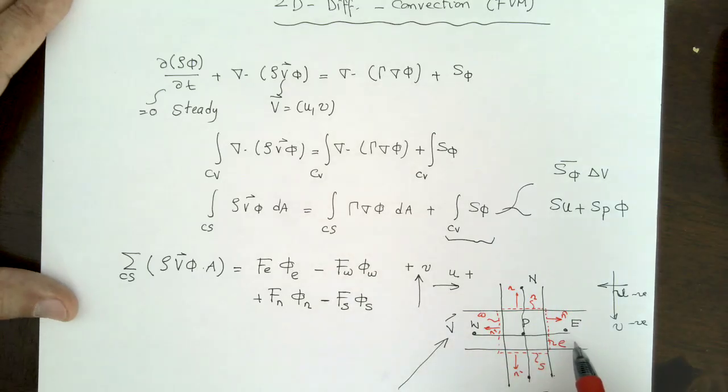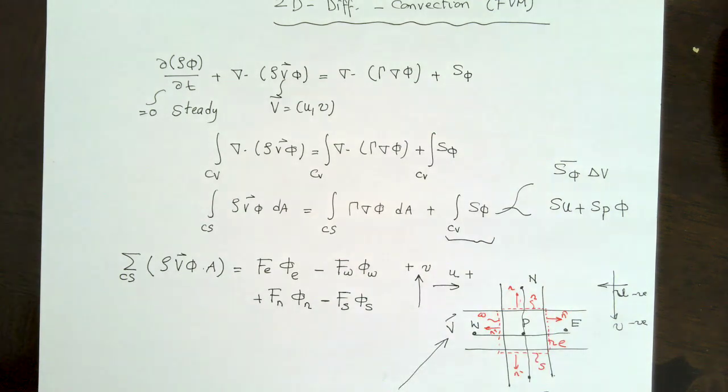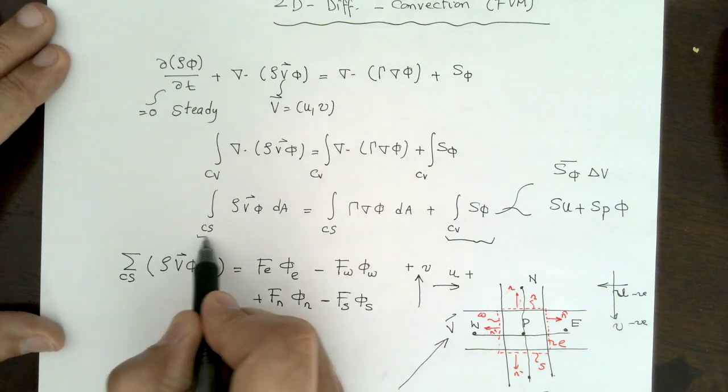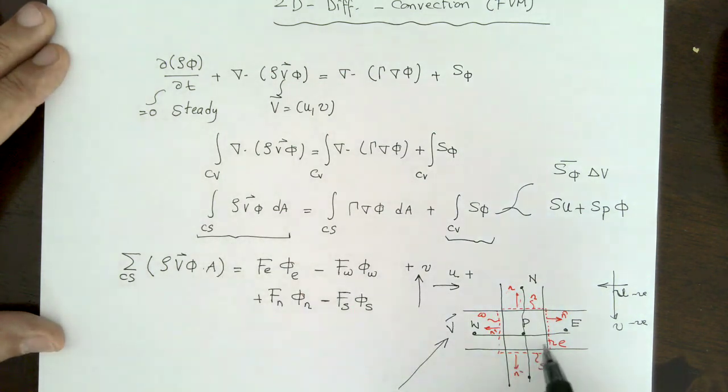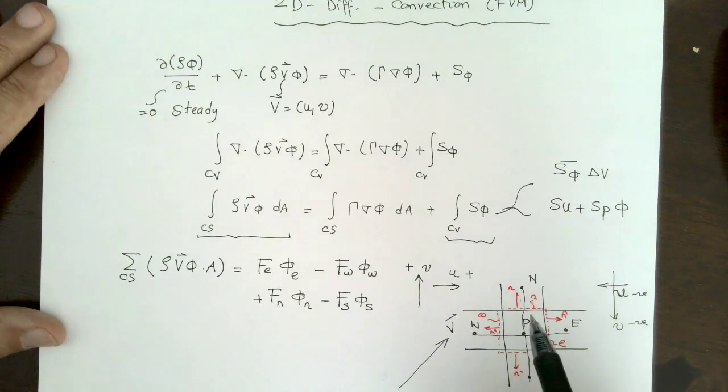So the angle is 0, cosine 0 is 1. That's why it's positive. But the angle between n and the velocity going up here is 180, and that gives us the negative value. So that's the approximation of the convection term for the 2-dimension problem.